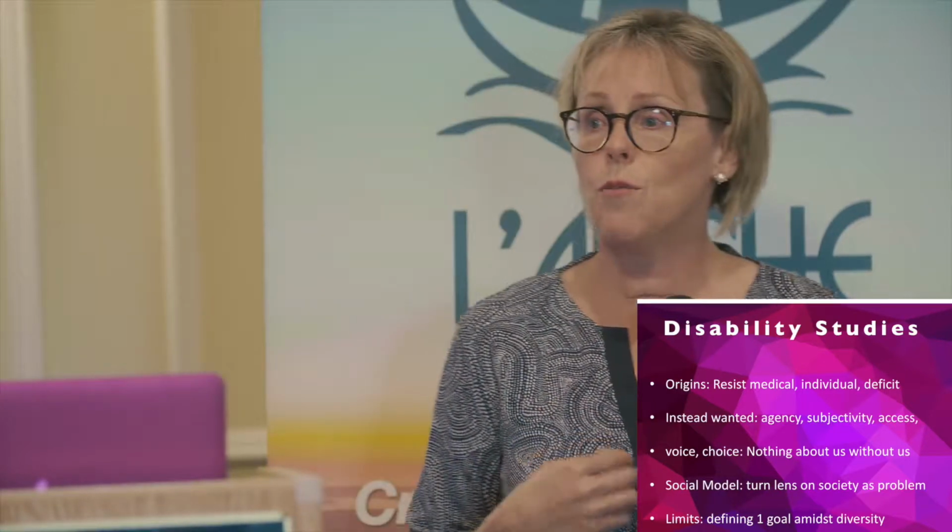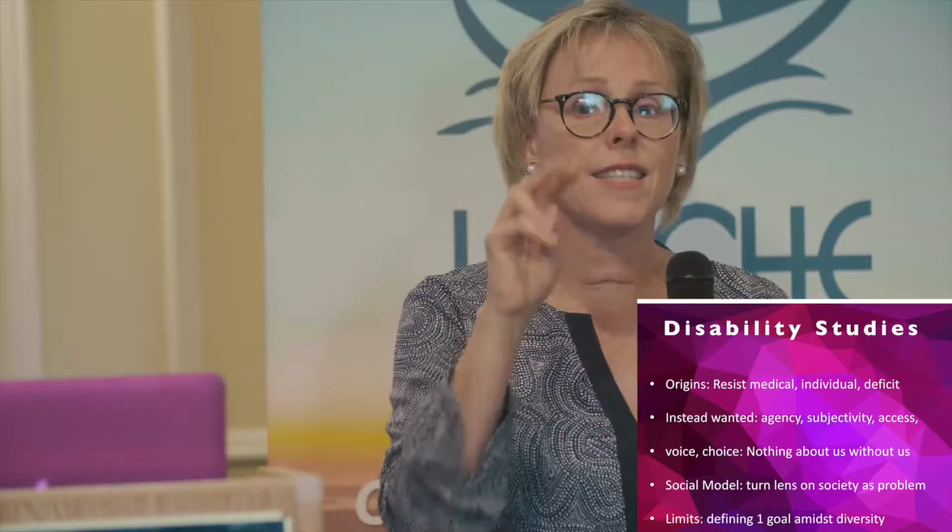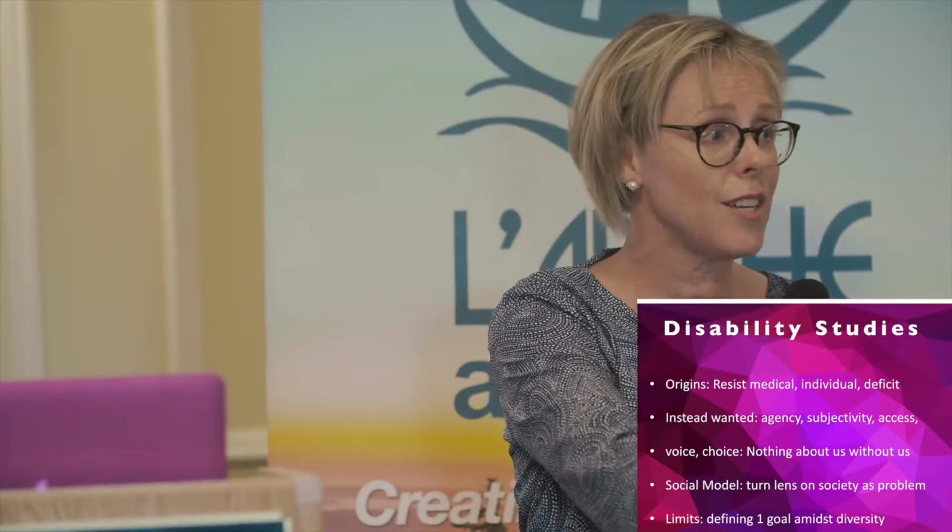What did they want? They wanted agency, which means I want to be able to do things on my own, maybe with some support, but act independently. They wanted to be seen as subjects, which just means as whole people, not as a medical diagnosis or a label. They wanted to have access.